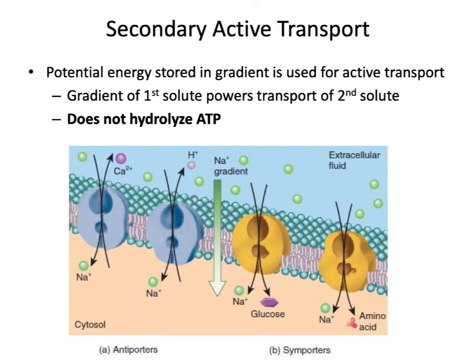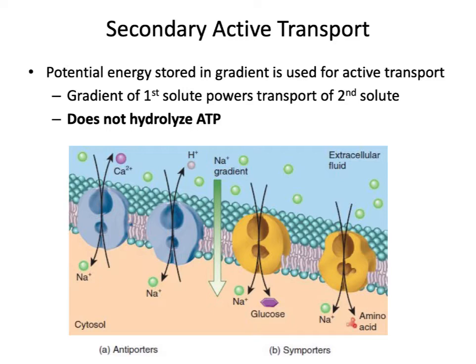In this next example, we are again using the power of sodium, but instead of moving another molecule in the same direction, we're moving calcium in the opposite direction. Sodium is moving into the cell down its gradient, but calcium is moving out of the cell against its gradient. It is active transport because we are moving calcium against the gradient.